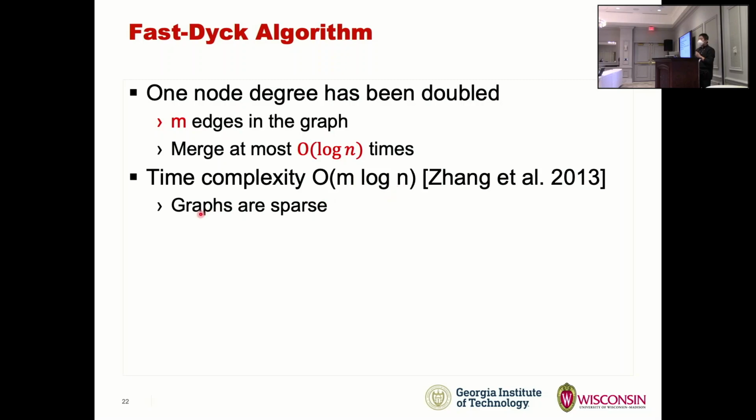In practice, most of the graphs are sparse, so this algorithm runs in linear time in practice, which is faster than the traditional CFL-reachability algorithms, which run in cubic time. I don't think that I have time to show the experimental data, but I hope that by having this high-level discussion, I can convince you that it's indeed a faster way to do the Dyck-reachability computation.